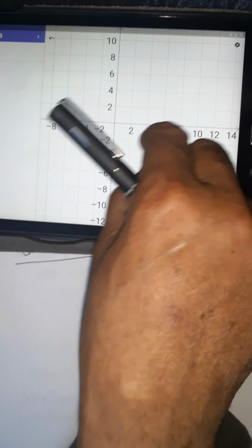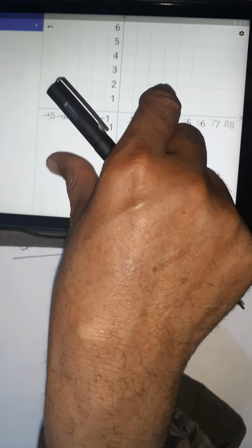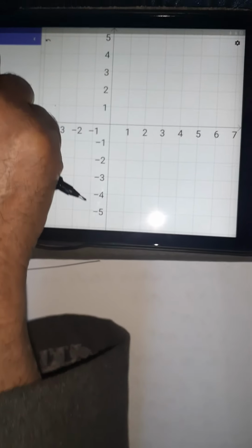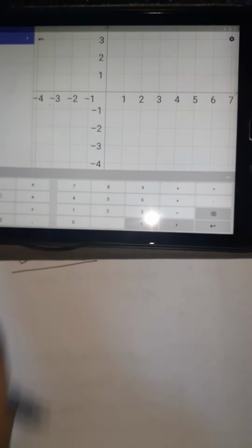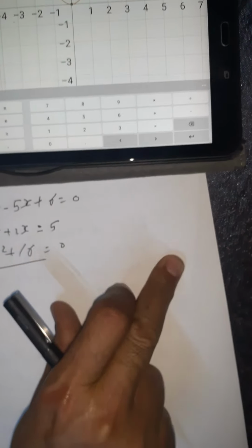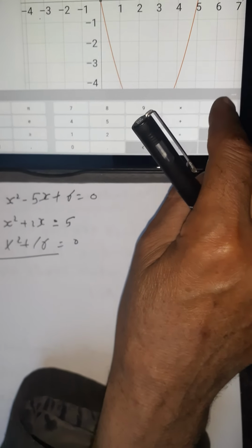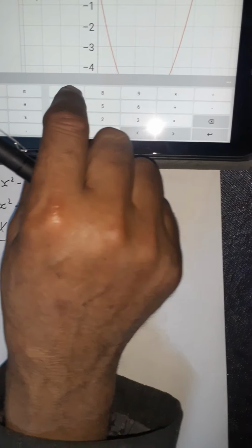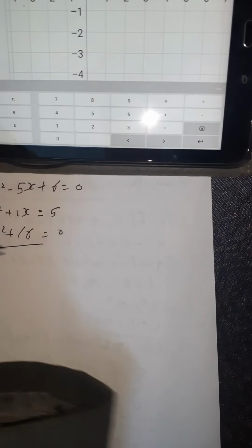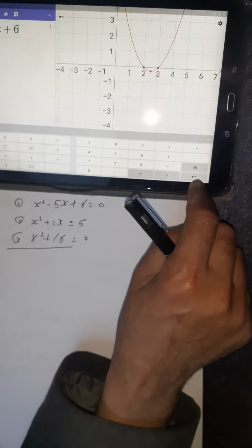Then put in the equation f(x) equals x power 2 minus 5x plus 6, and press this key.